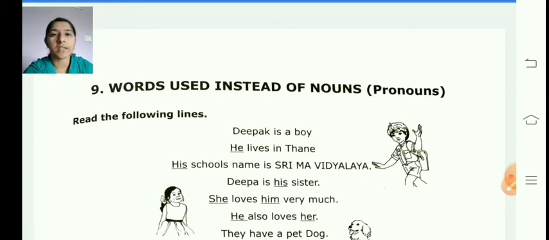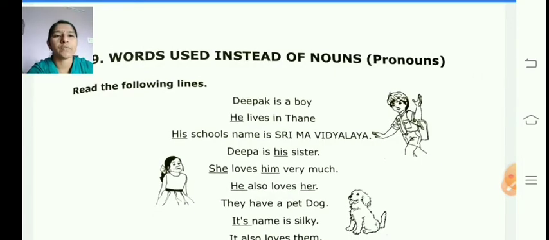It is the name of a person, place, animals, or things, right, children? So that is noun. Here pronouns are nothing but words that are used instead of nouns, right? So I'll do the exercise. Read the following lines.